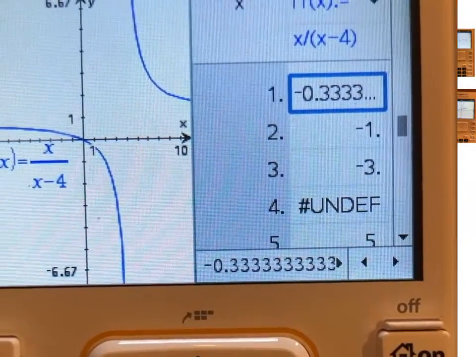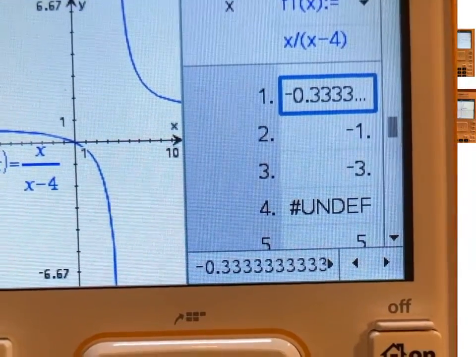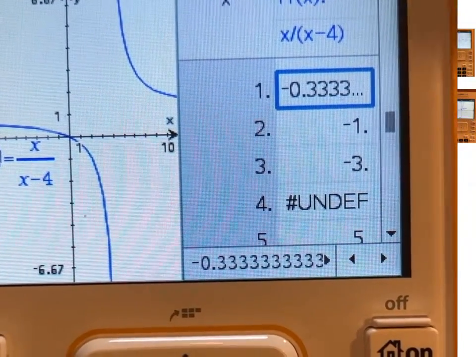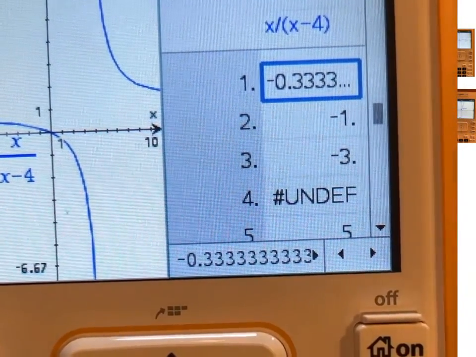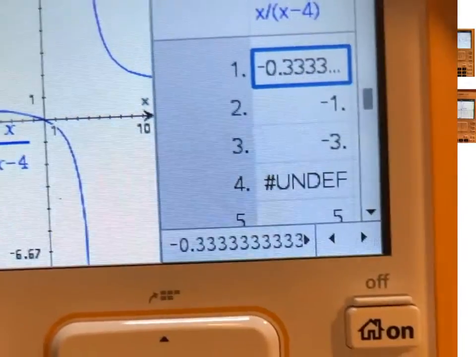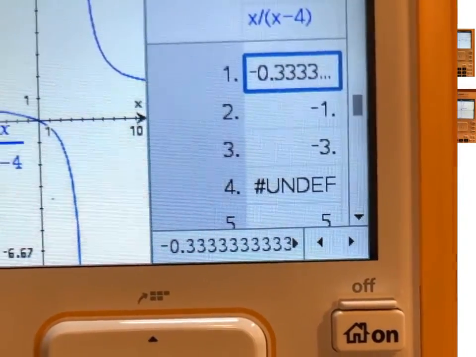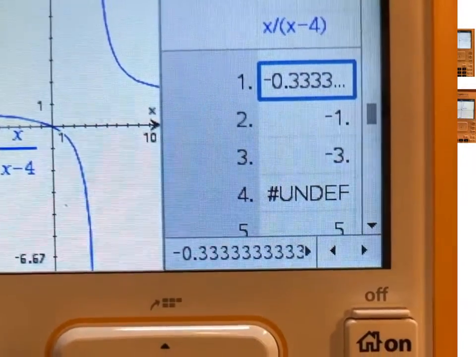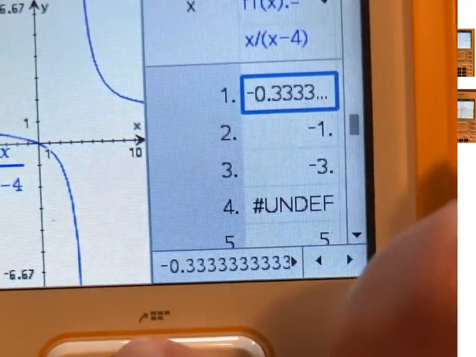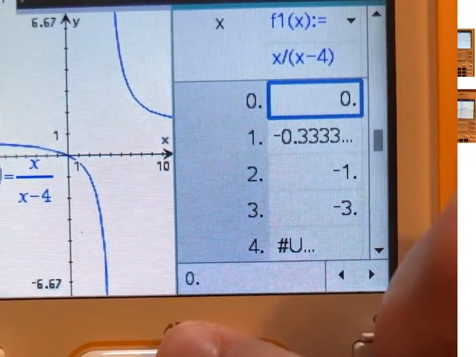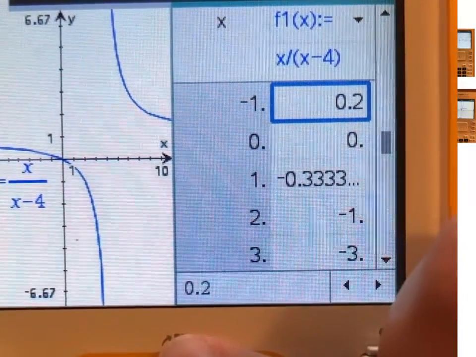Okay, if you'll notice in your notes, we start at negative 10 and then go all the way to negative 100 and then negative 500. It would take forever if I kept scrolling this table all the way up to negative 500. So let's go ahead and change our table settings to get to negative 500 in a faster way.